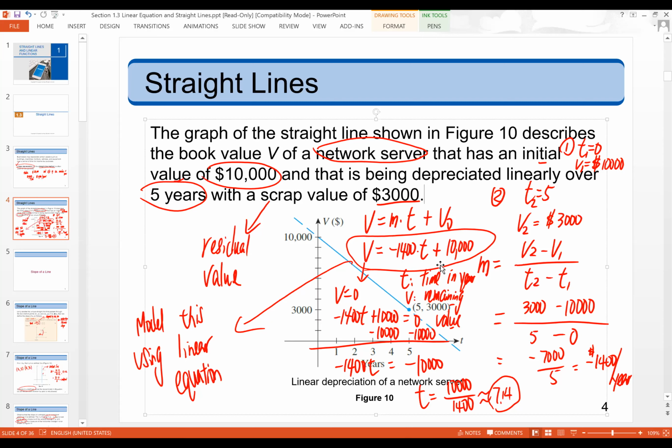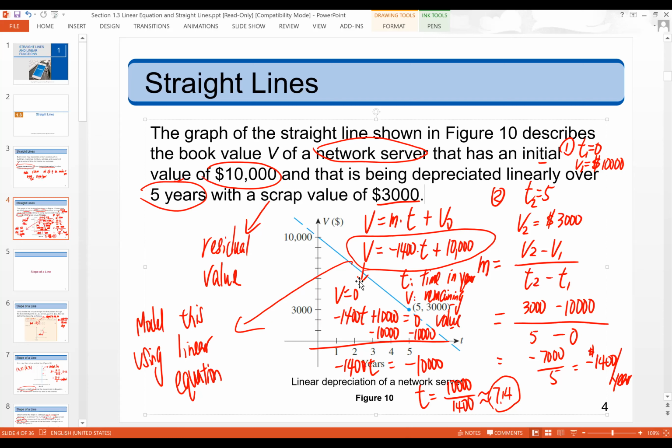Okay. Any other question? So what's the 7.14 at the bottom? Oh, 7.14, that's when the value becomes 0. I had a follow-up question during that time: when does the network server have 0 residual value, meaning it has no value at all?